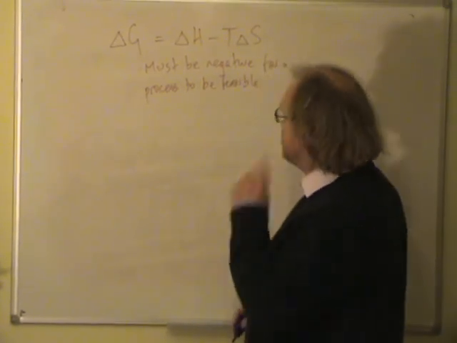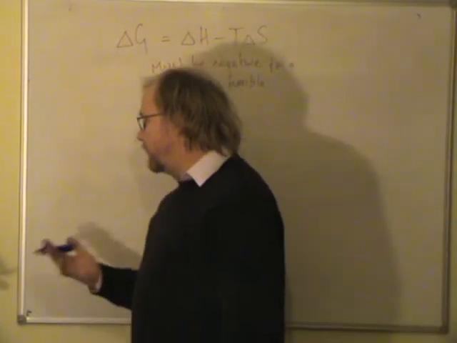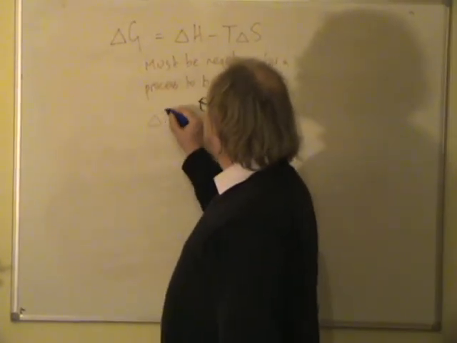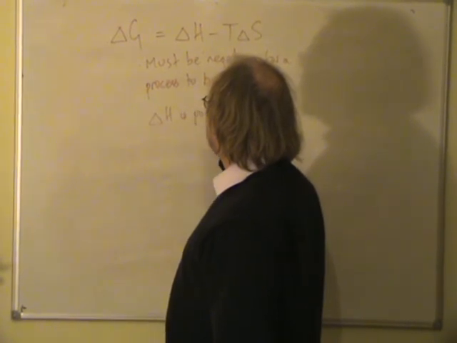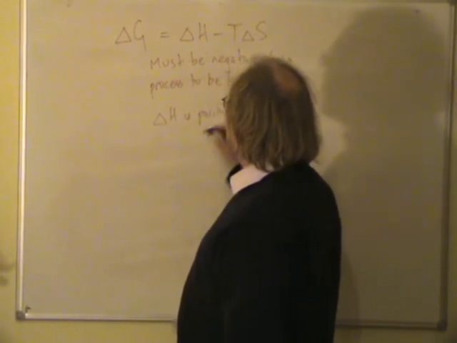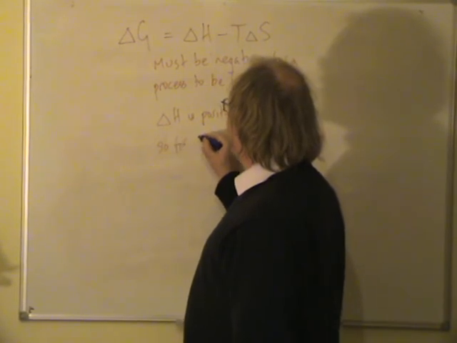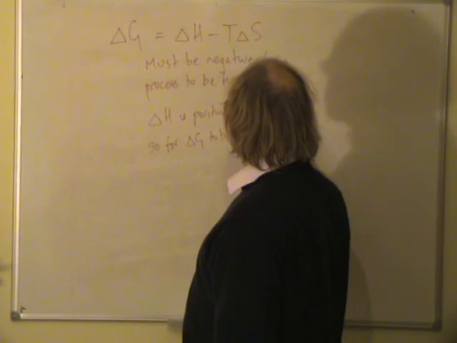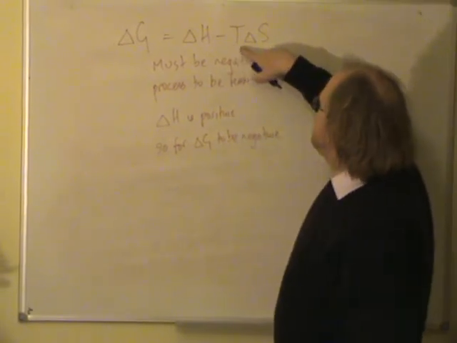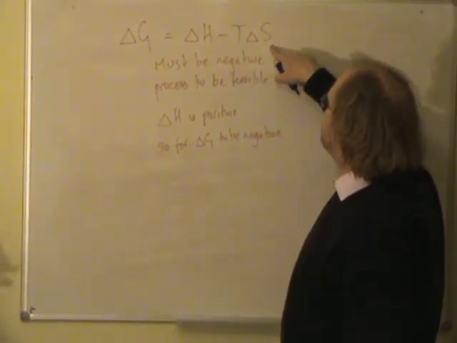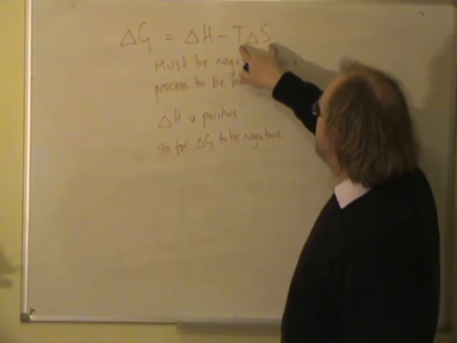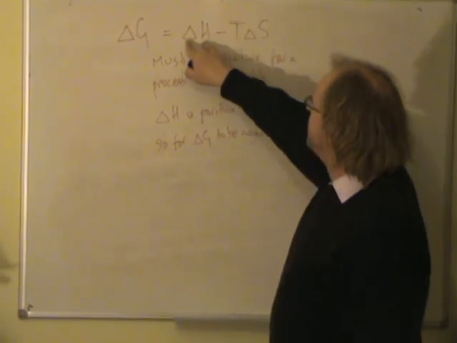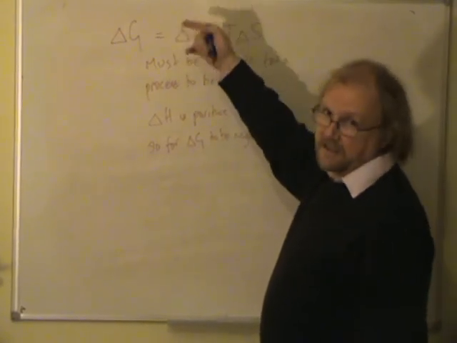So in this case, we're told that when ammonium nitrate dissolves, delta H is positive. So for delta G to be negative, you can see that T delta S must also be positive, and crucially it must be more positive than delta H. So when you subtract a big positive number from a smaller positive number, you get a negative answer.